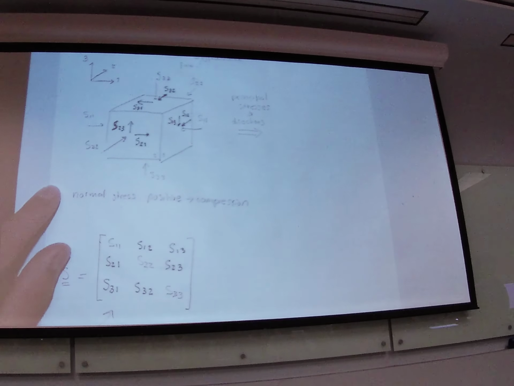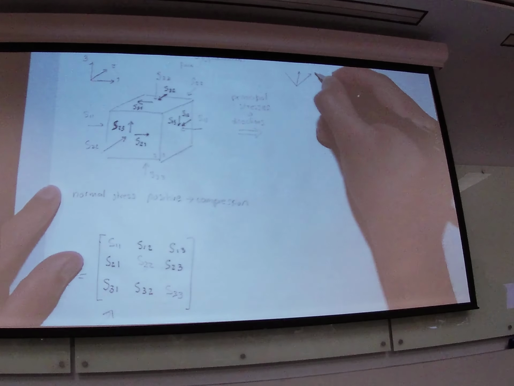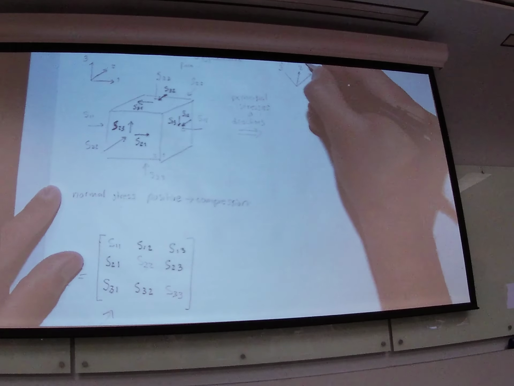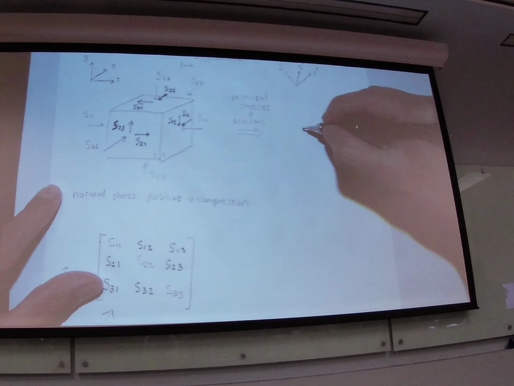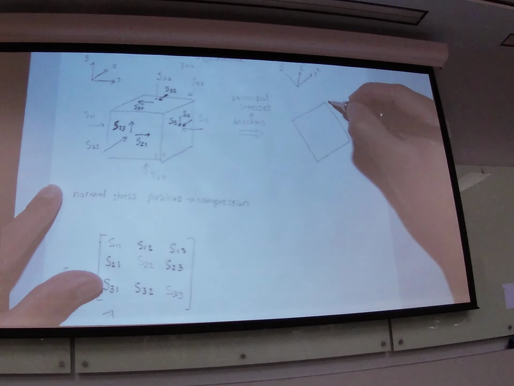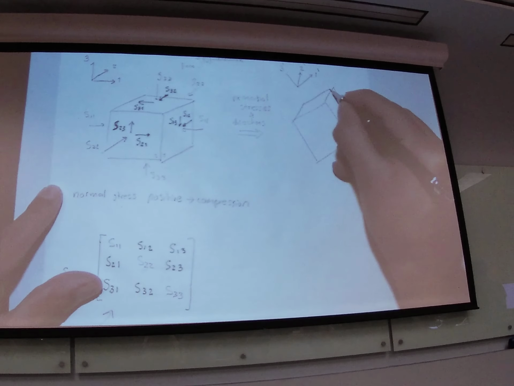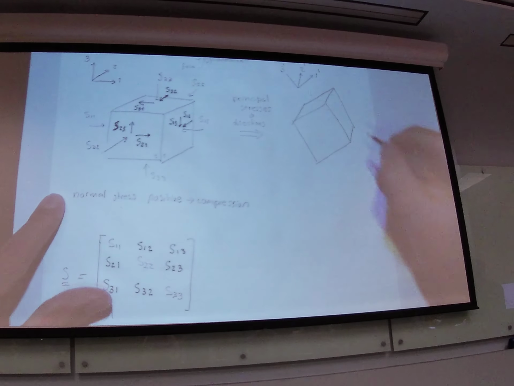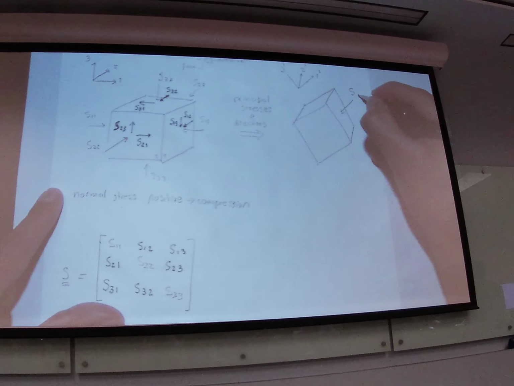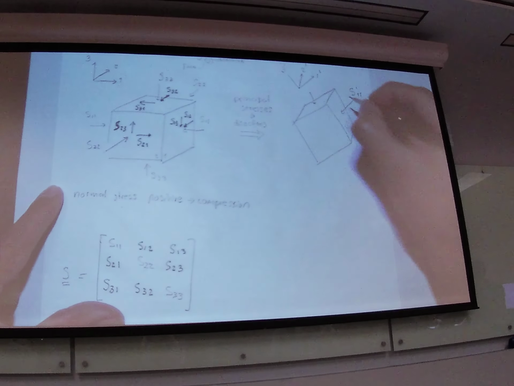There is always, for the stresses, a coordinate system at some orientation that we don't know but we can calculate, for which the stress tensor is going to reduce to just normal stresses. And these are going to be the principal directions.